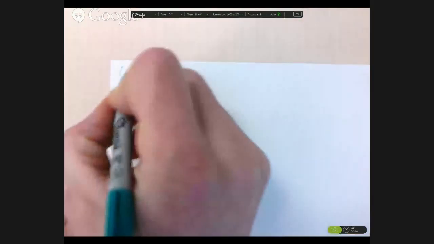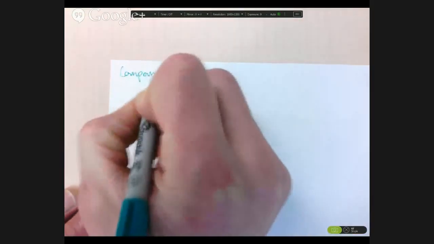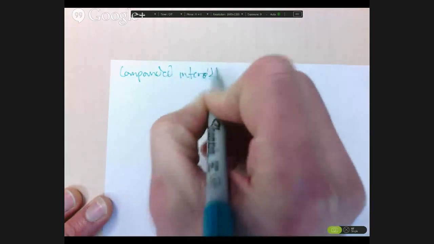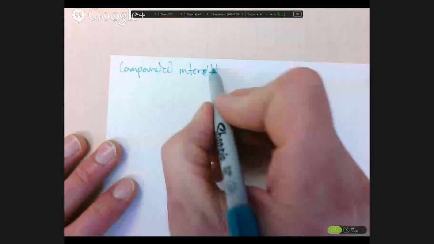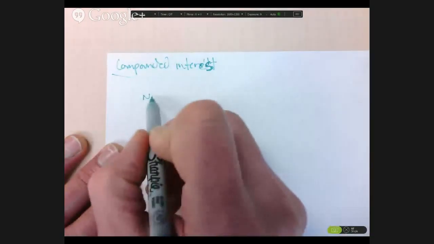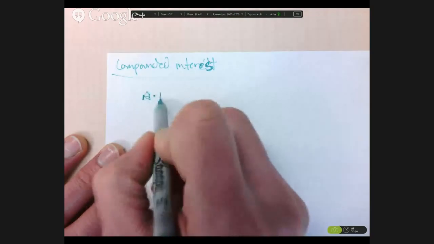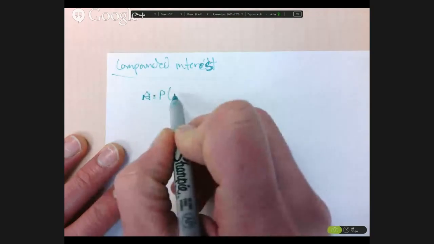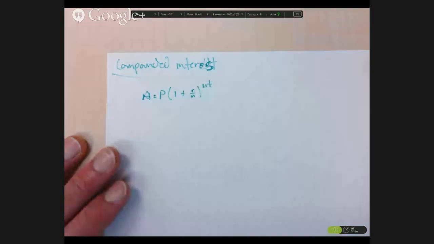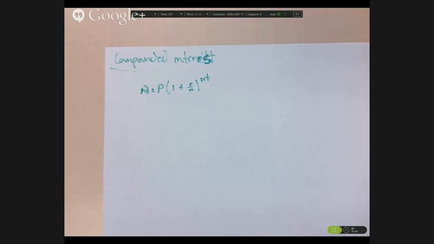Do you remember the interest formula from last week? That's ugly. Final amount is principal times 1 plus r over n to the nt. That was last week, compounded interest. Compounded monthly or yearly or weekly or daily, whatever.